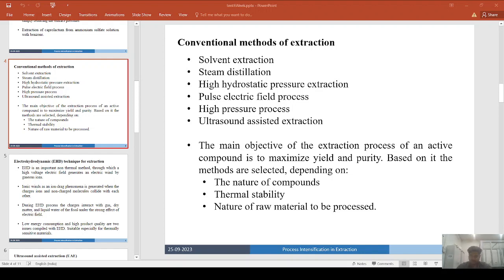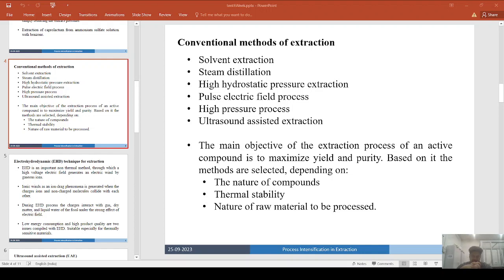Now, as for the selection criteria, for all of these methods which I have just listed, how will you select which method will work for you? The selection criteria, or I should say the objective function, is to maximize the yield and also maximize the purity of the active components in the extract phase.